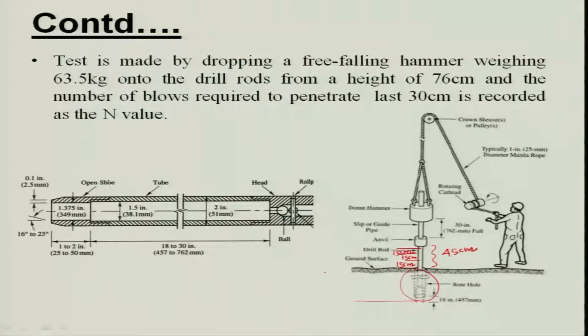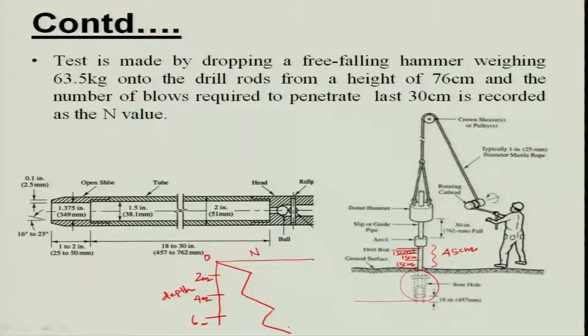So what you are supposed to get is this: this is the SPT N, this is your depth. If I say this is 0, 2 meter, 4 meter, 6 meter, then I am supposed to get this kind of diagram, SPT N values for the last 30 centimeter of penetration.